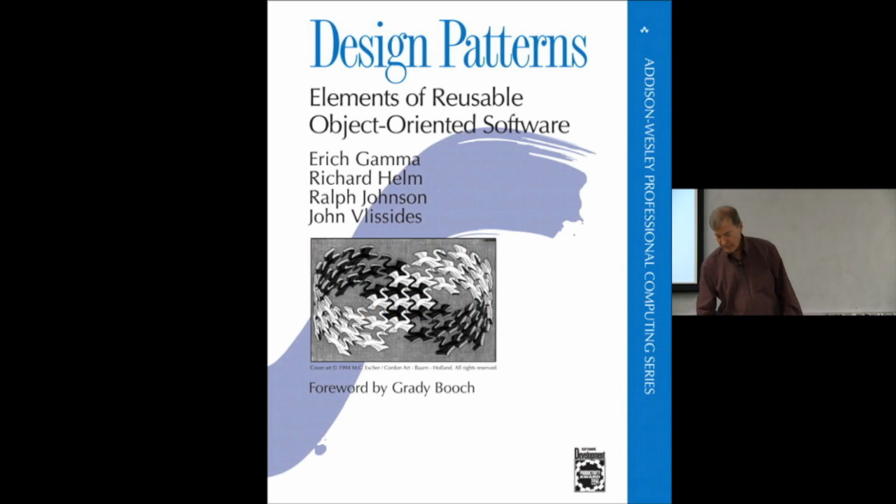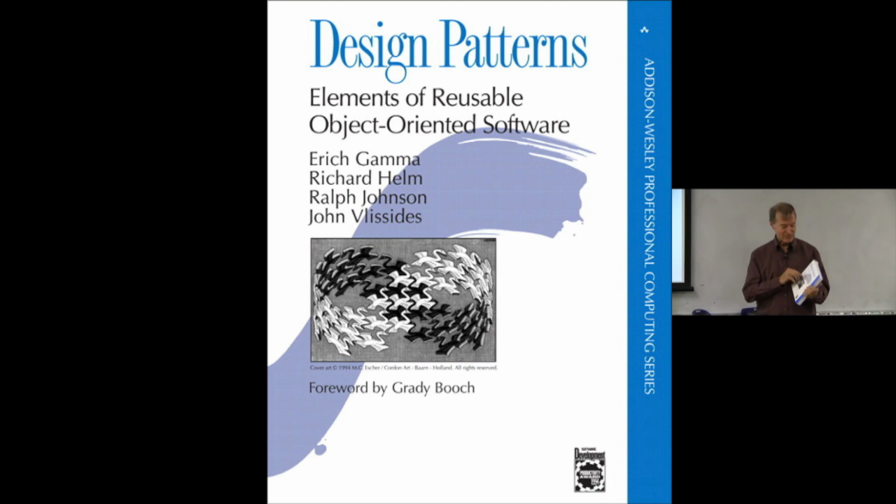Now, I'm going to do a little show and tell here. So this is the book. It's by Eric Gamma, Richard Helm, Ralph Johnson, and John Vlissides. It's Design Patterns, Elements of Reusable Object-Oriented Software. Probably the most cited book in all of software literature.